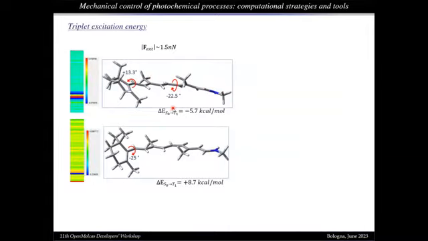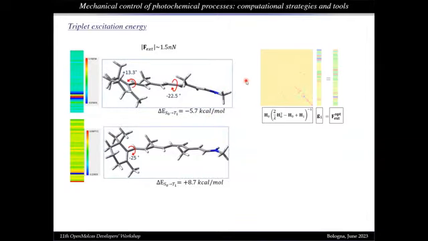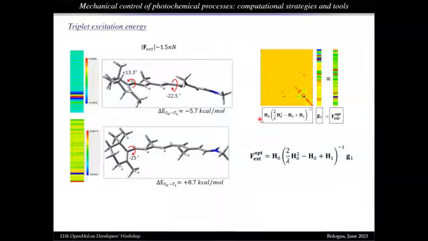So if we are interested in knowing which coordinates are the most efficient in changing, in this case, the singlet triplet energy difference, we can apply this procedure, and by solving the system of equations, we can obtain the most relevant coordinates, in this case these two torsions for decreasing this singlet triplet energy, and this torsion for increasing this energy.